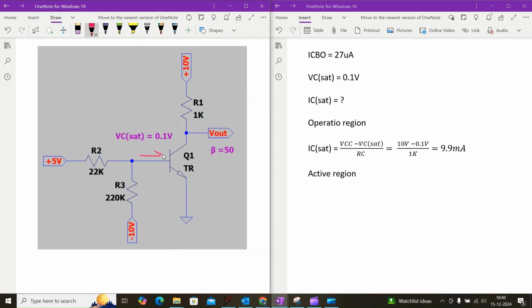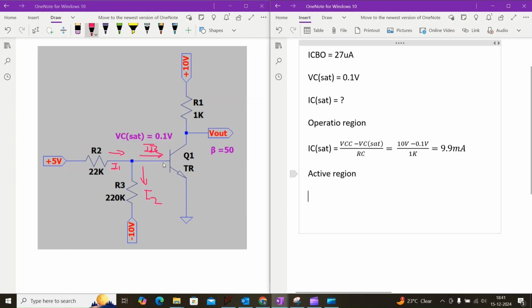Actually, this is the base current IB, and we have to consider this as I1 and this as I2. And here we are assuming the transistor is operating in active region, so by considering the transistor base to emitter voltage VBE as 0.813 volt.